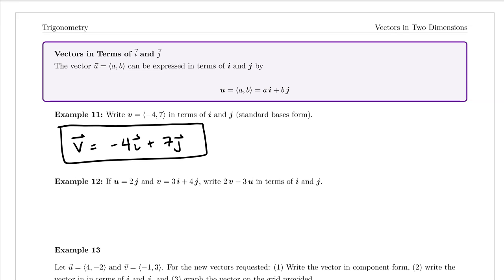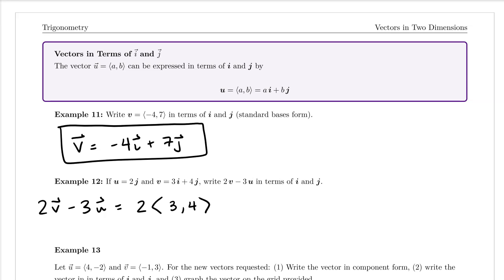Example 12 says if vector u is equal to 2j and vector v is equal to 3i plus 4j, write 2v minus 3u in terms of i and j. All right, so 2 times vector v minus 3 times vector u. So this is going to be 2 times the vector v, which is <3, 4>.